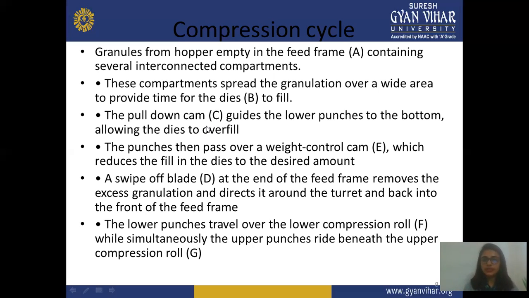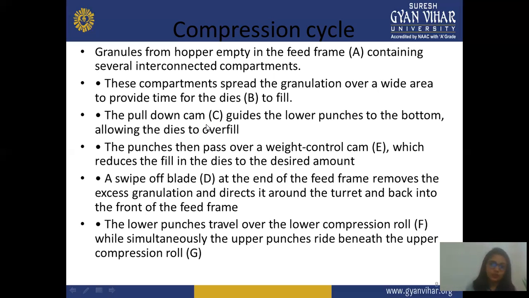And these punches then pass over a weight control cam, that is E. After this, your drug or your material directly passes to the next part, that is the cam control or weight control part. In this, reduce the fill to the desired amount, and a swipe of the blade, that is D part. At the end of the feed frame, remove the excess granulation. It means you can say that after this E part, it goes to a D part.